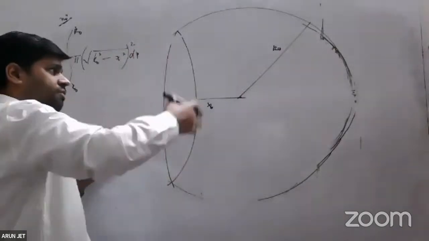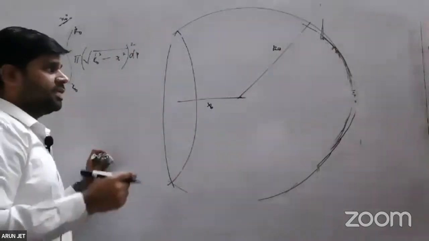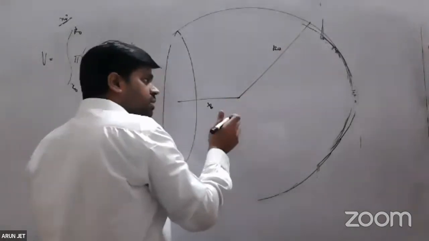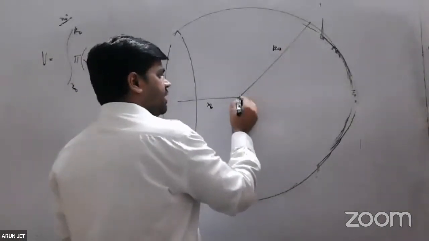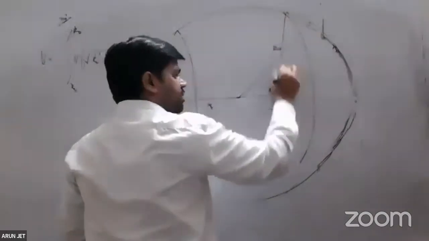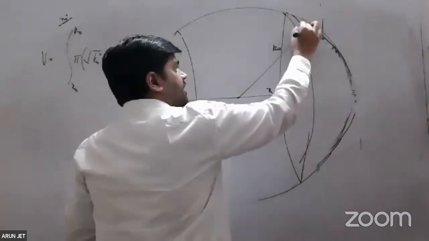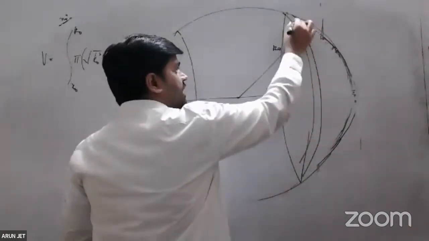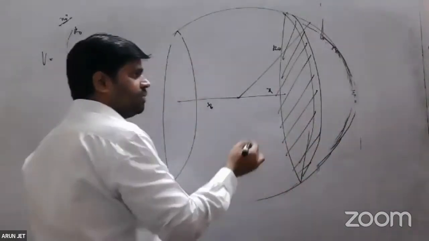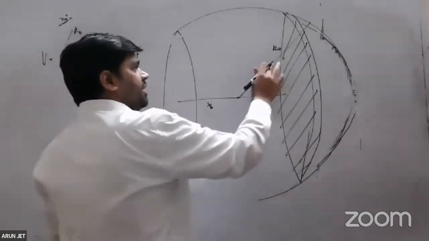I'll take an infinite number of infinitesimal discs of thickness dx, such that at a distance x I'll take a thin disc of width dx. I write its area, area into dx, and the volume comes.